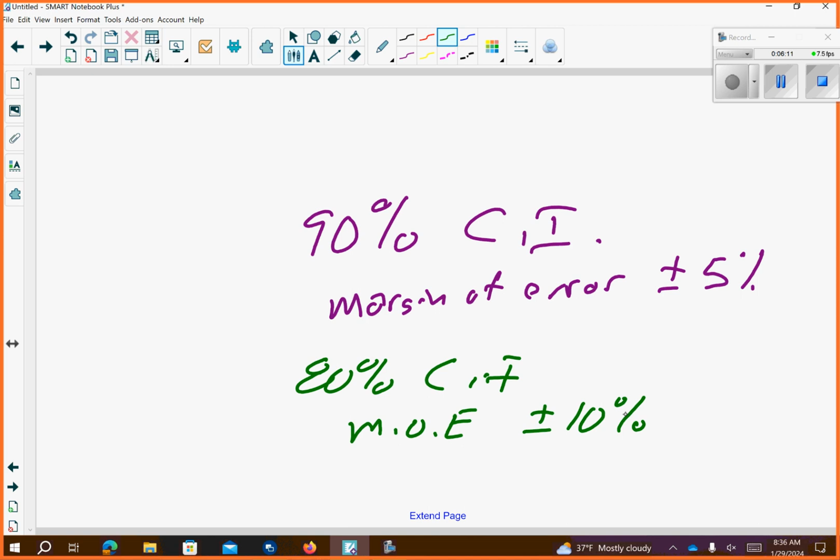Okay, look at the 80. If I go 80% confidence interval, margin of error, hello? So it's all connected to 100. Yeah, that's exactly right. The distance on plus or minus 10 is 20. 20 plus the 80 is 100. What does MOE stand for? Margin of error.